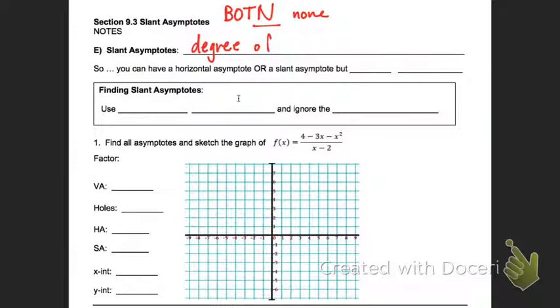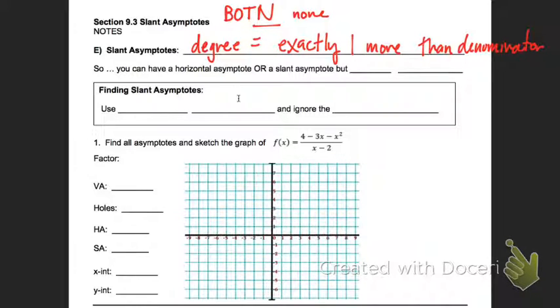I'm going to say degree equals, well, I don't really like how that's phrased. I'm going to try and put this in my own words. So when you have exactly one more than the denominator, you have one slant asymptote.